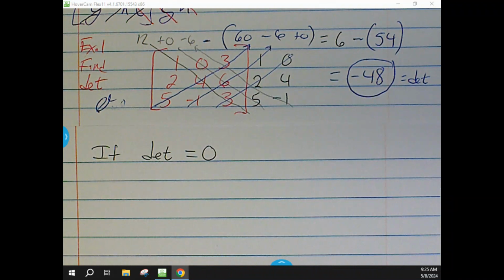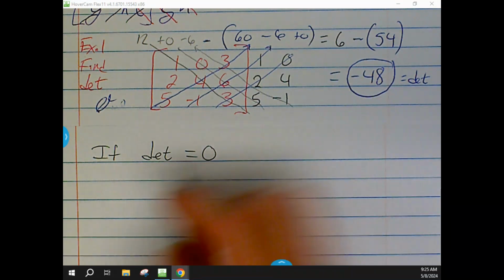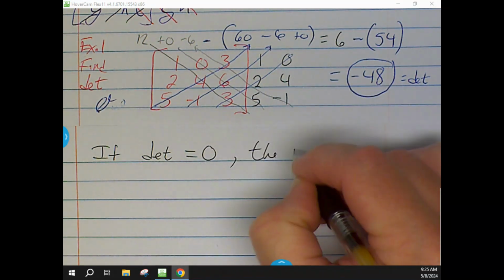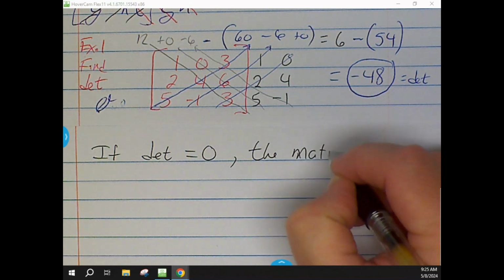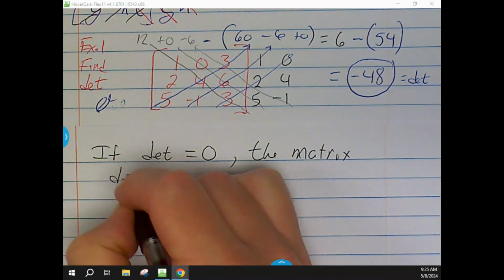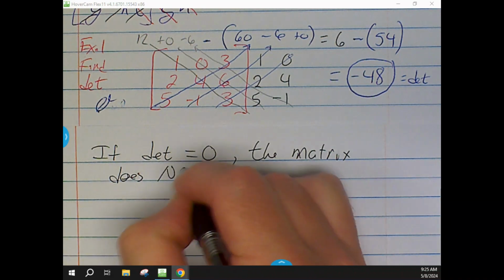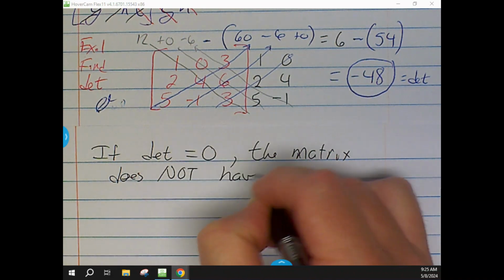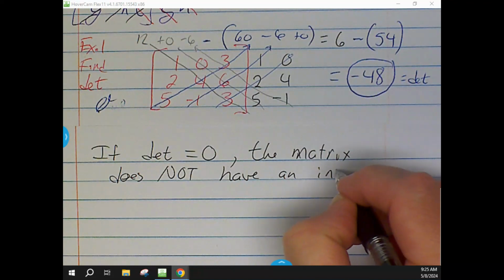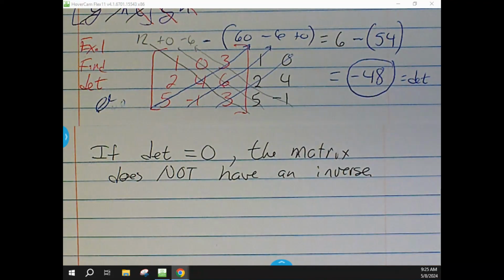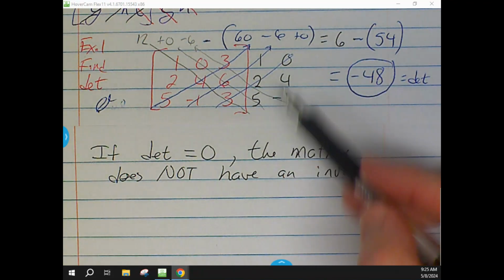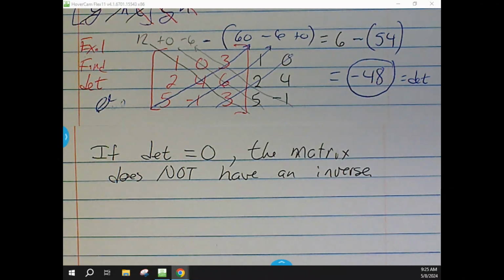If you do the determinant of a matrix and it equals 0, then that matrix does not have an inverse. Again, 2 by 2, 3 by 3, it doesn't matter.